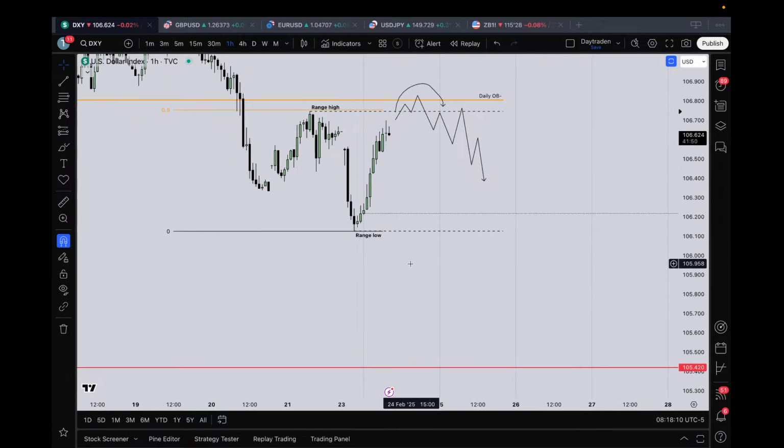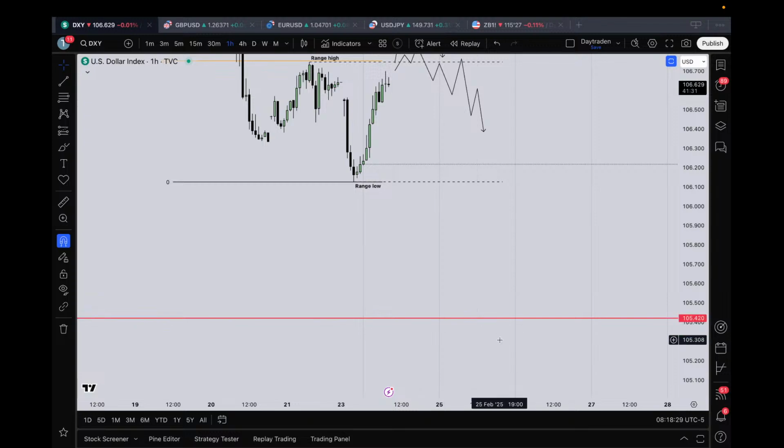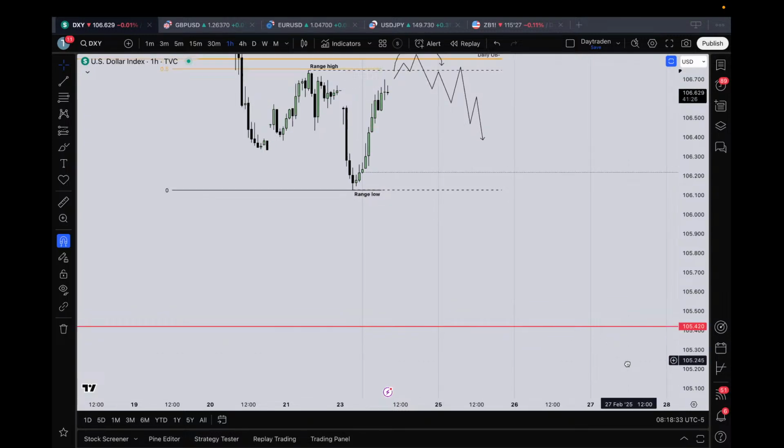But if we are going to move right over here, it is very much likely that we are also going to move towards that 106 big figure number, which is of course a psychological level in regards to the dollar index. And depending on such levels and how we are going to react from there, it is very much likely that we are going to see a sustained move lower towards 105.42.